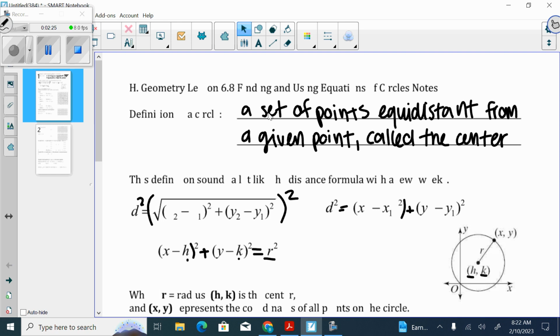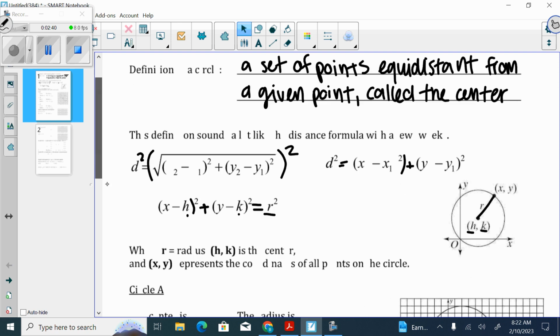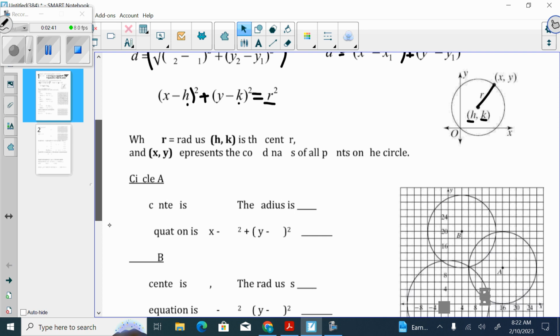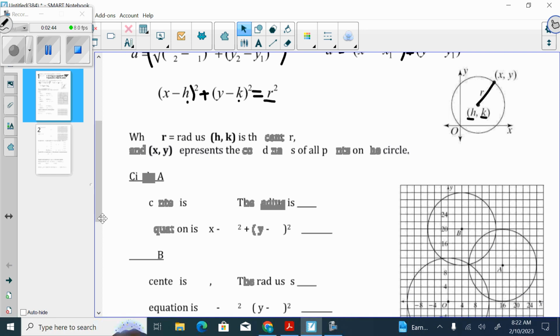So if they tell you how long this line segment is, if it was 3, you'd plug that in here, 3, and you would actually square it. 3 squared would give us 9, okay? So it says where r equals the radius, (h, k) is the center, and (x, y) represents all the coordinate points of the circle, we are going to fill in the information for these circles over here to the side.